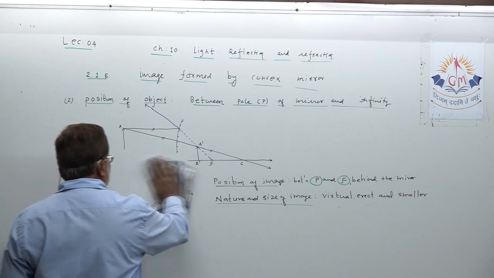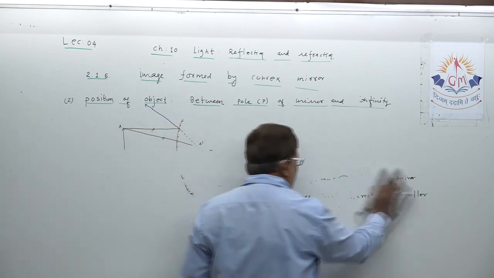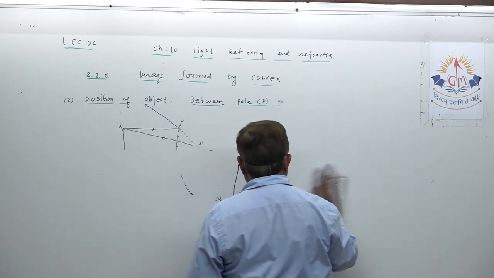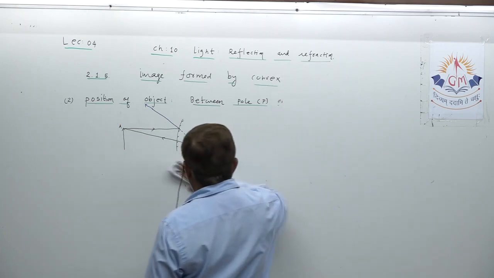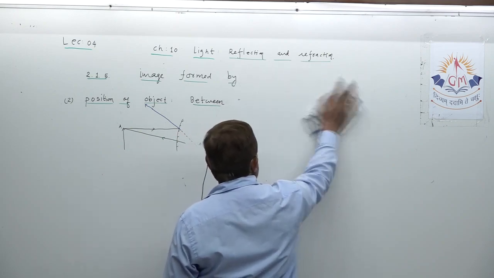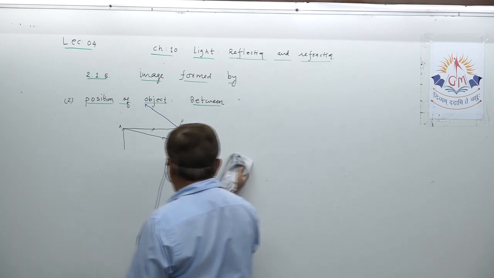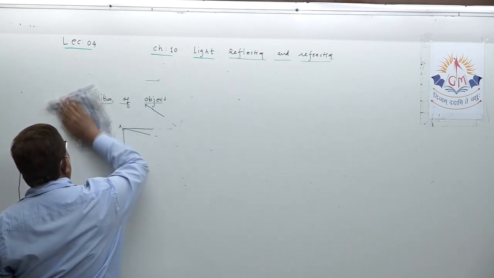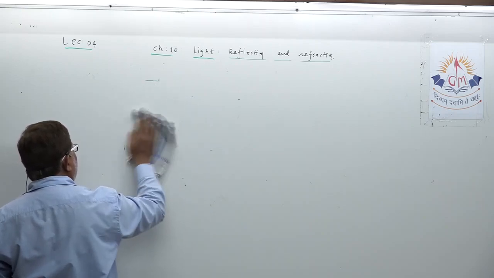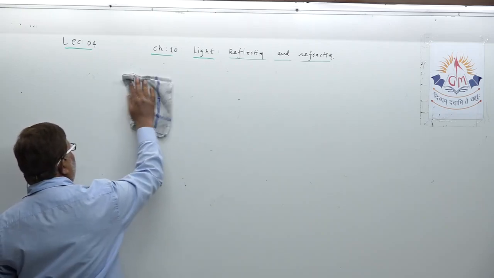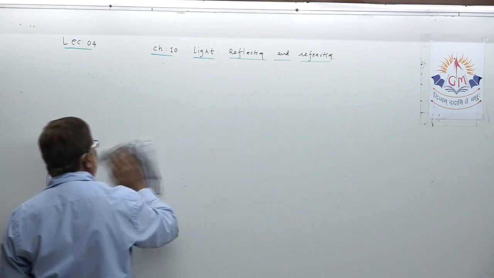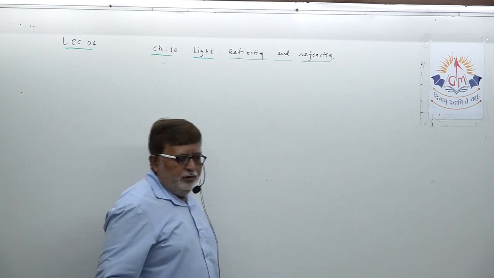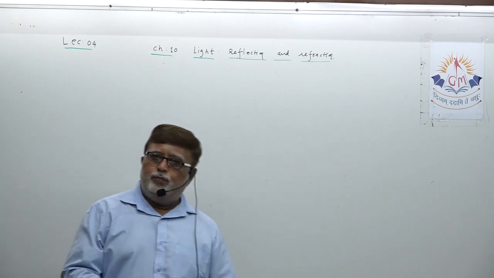In today's lecture, we have so far completed the understanding of various images formed by concave mirror and convex mirror, and now we are targeting topic number 3, that is Cartesian sign convention for spherical mirror. That means curved mirror, may it be concave, convex, or plane.